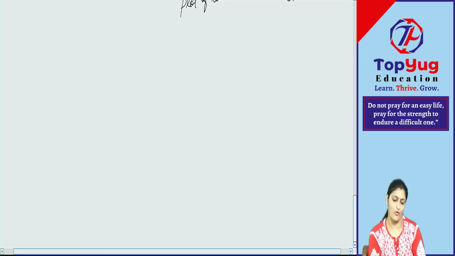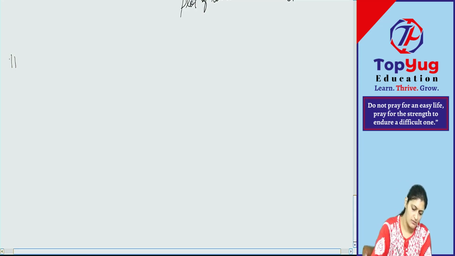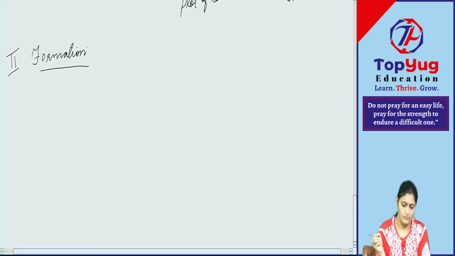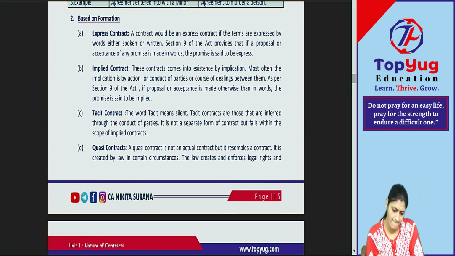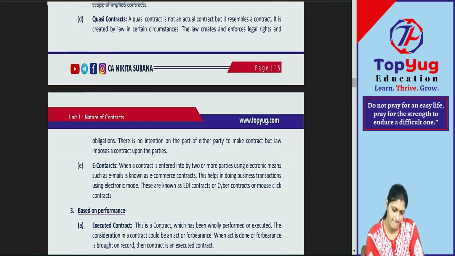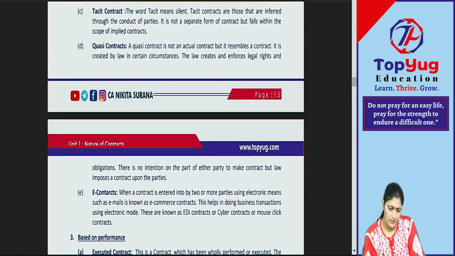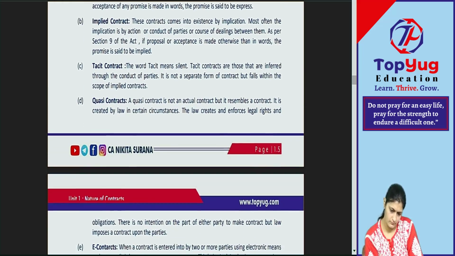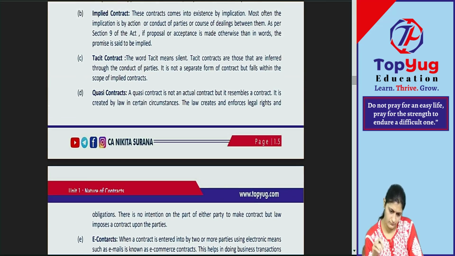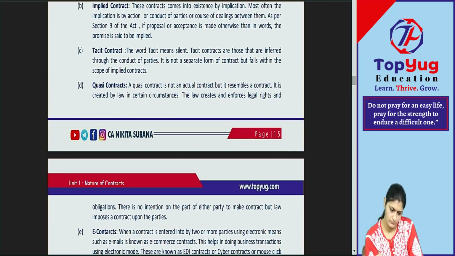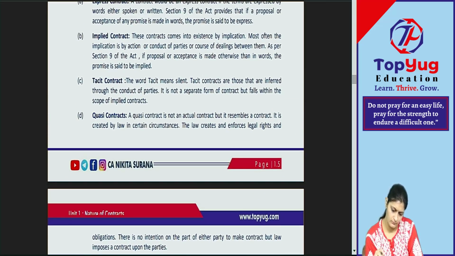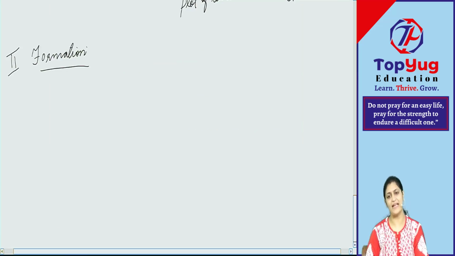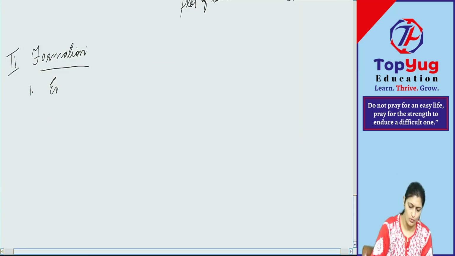Now let us see various types of contracts based on formation. Based on formation, contracts are divided into four types.